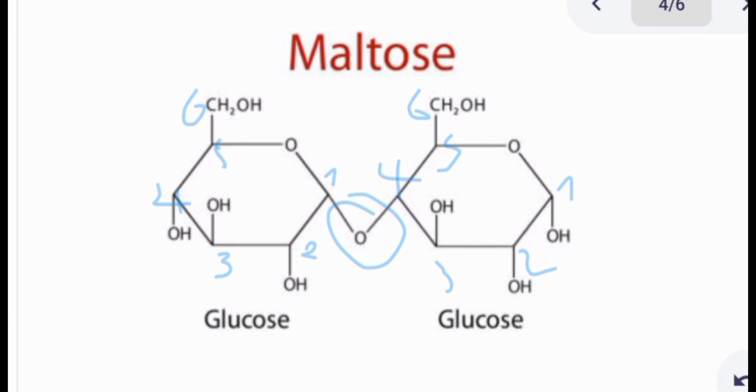Now, if you can visualize very well, you see that the OH during the formation of this bond was down, and that's the reason why the bond is formed down. So this bond is called the alpha 1,4 glycosidic bond in maltose.